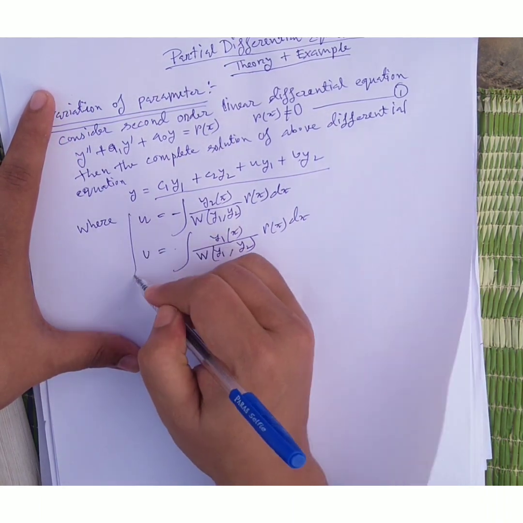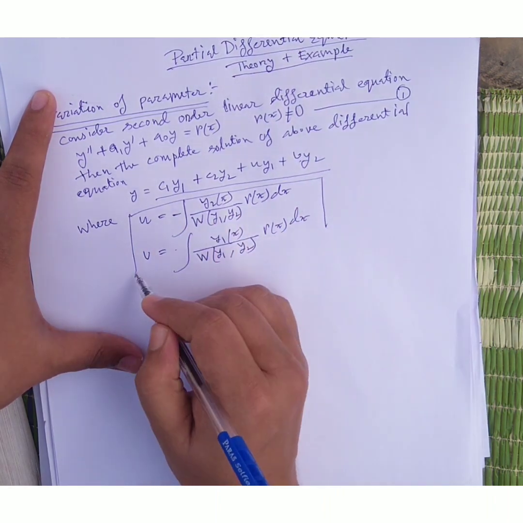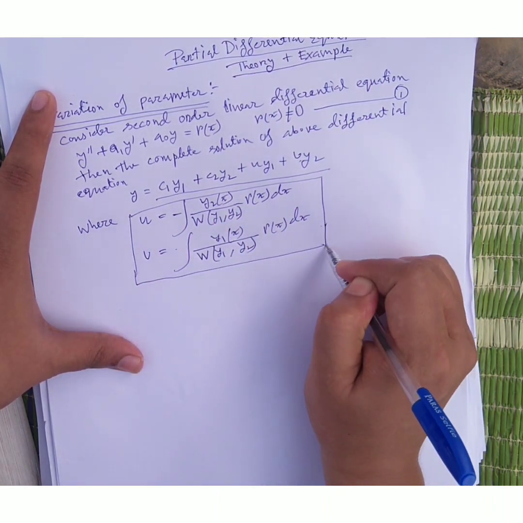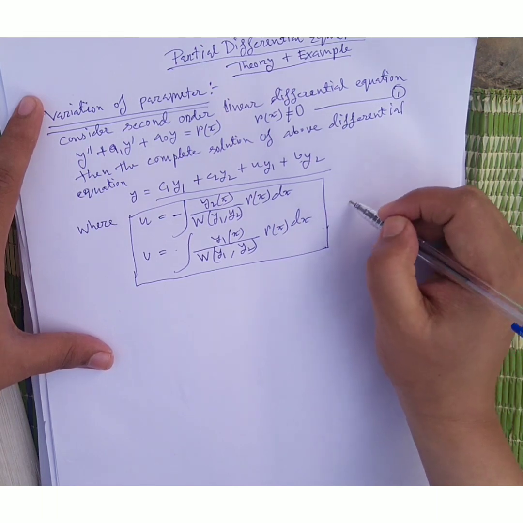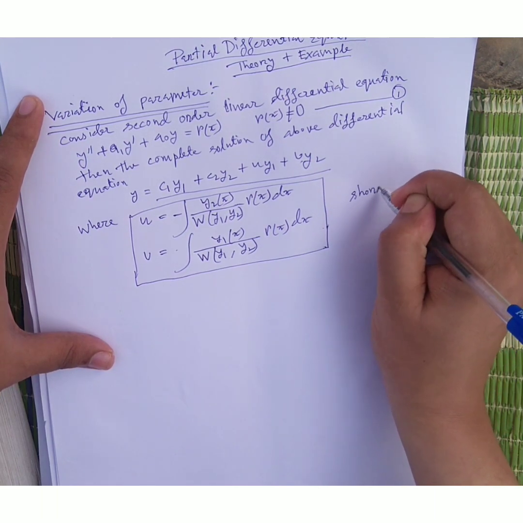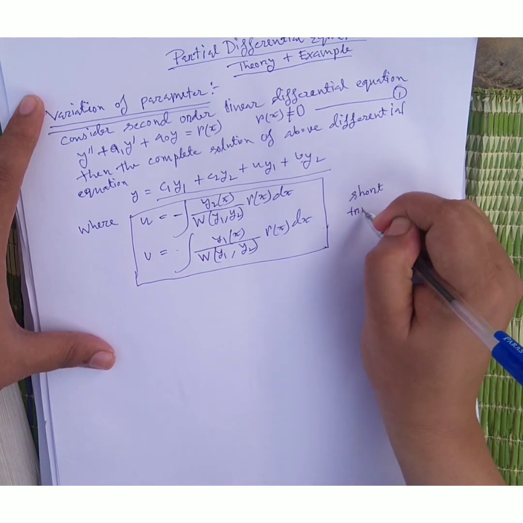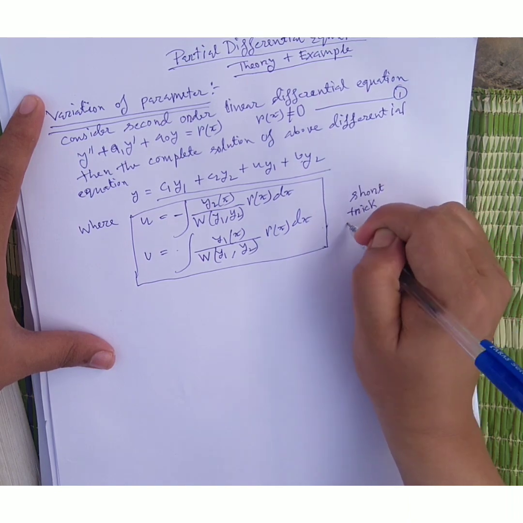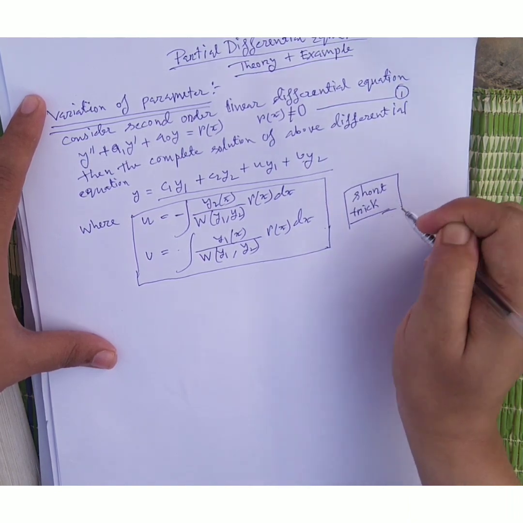This is u and this is v. Very simple, this trick. This is the short trick, friends. There are a lot of tough ways also, but this short trick you can use in competitive examinations.